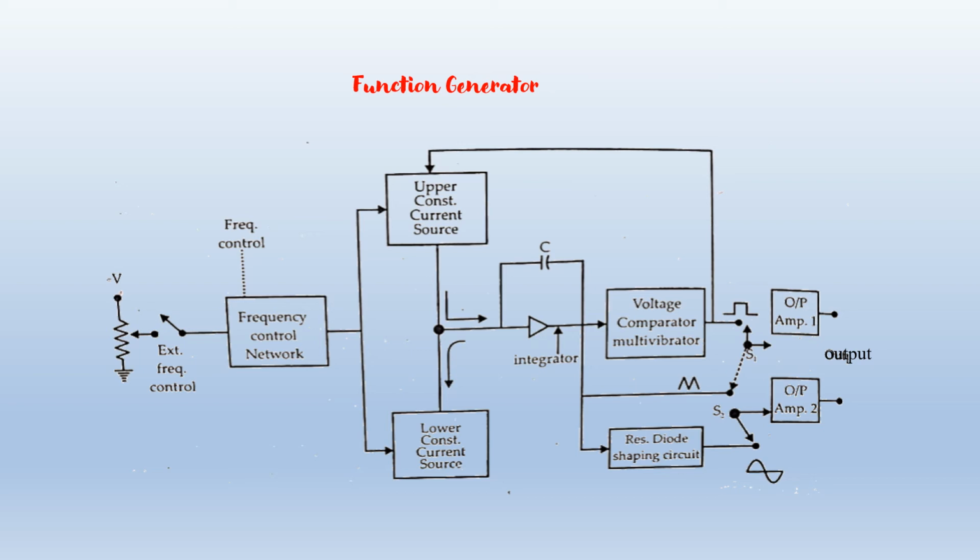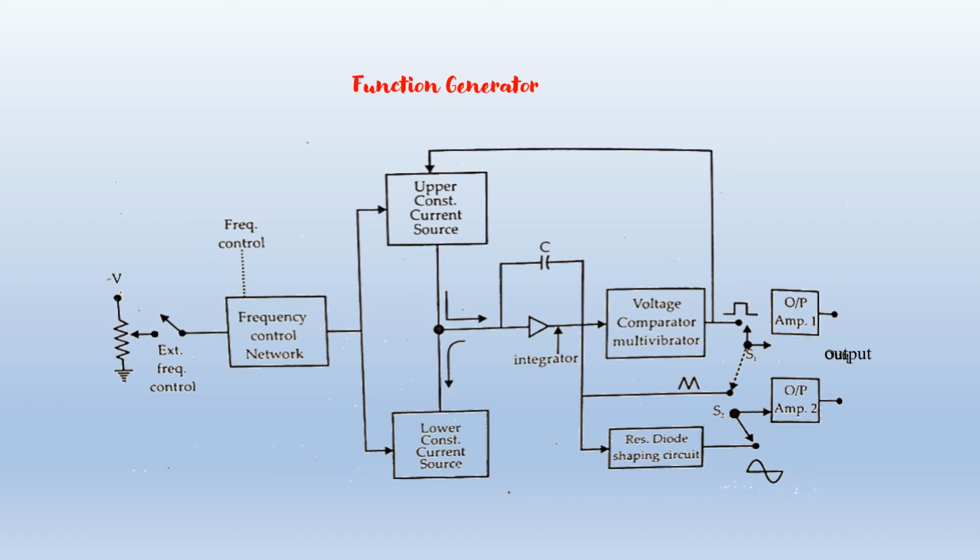So the upper one is cut off and the lower constant current source is now in working condition. The lower current supply provides a reverse current to the integrator, so that its output decreases linearly with time.